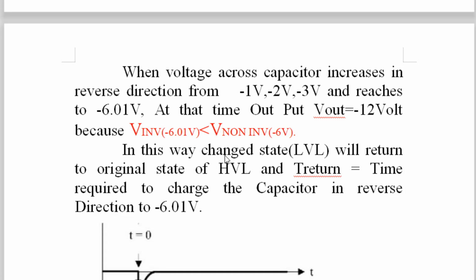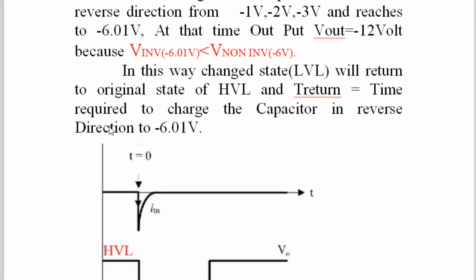In this way, the change of state from LVL will return to the original state HVL, and T return is equal to what? The time required to charge the capacitor in reverse direction to the value of -6.01 volt.